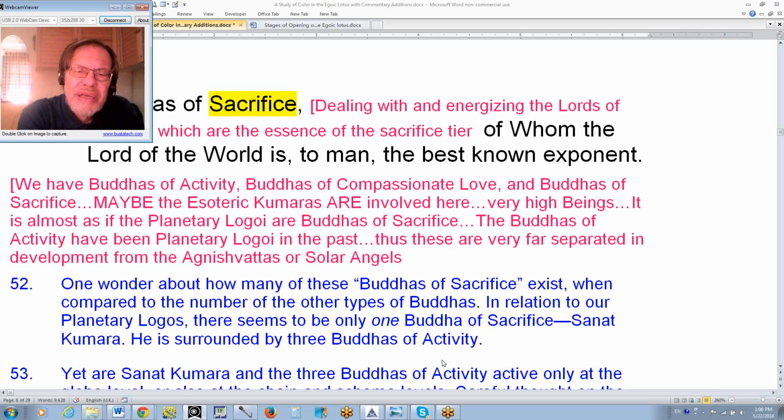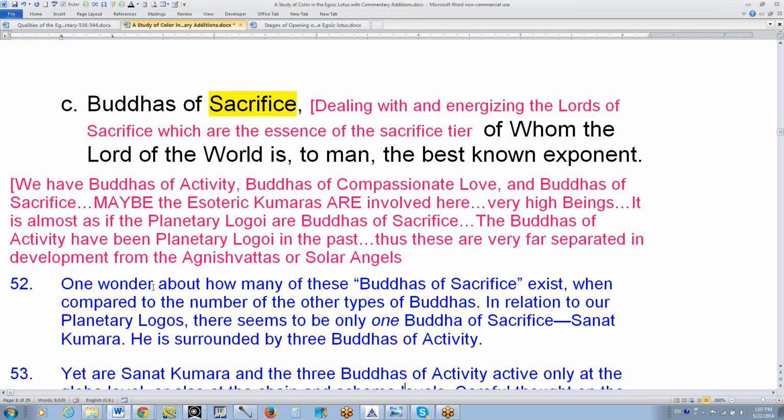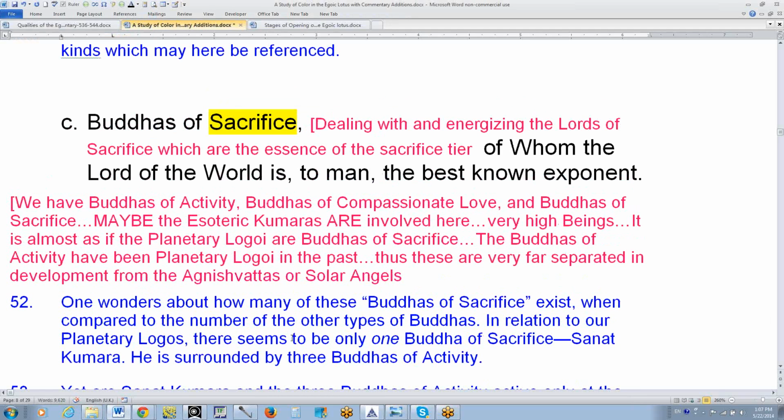That's a mysterious idea. But now we're talking about these great beings from whom the energy comes to animate the lords of the petals, or the particular types of Agnishvattas which have created particular petals. One wonders about how many of these Buddhas of sacrifice exist when compared to the number of other types of Buddhas.